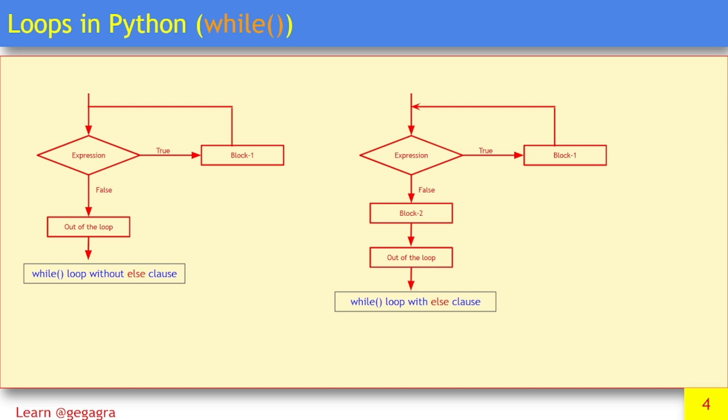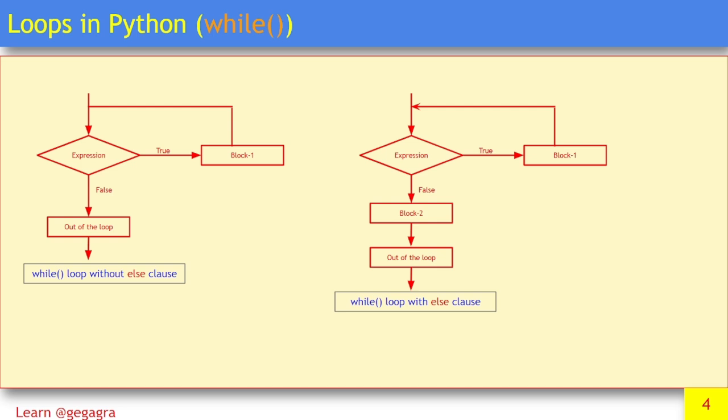But in the next diagram you'll find we have included the else part also. So as soon as the control enters the while loop and it checks the expression or the condition, and if it is true, then it goes to perform block 1 and comes back to check the condition again.